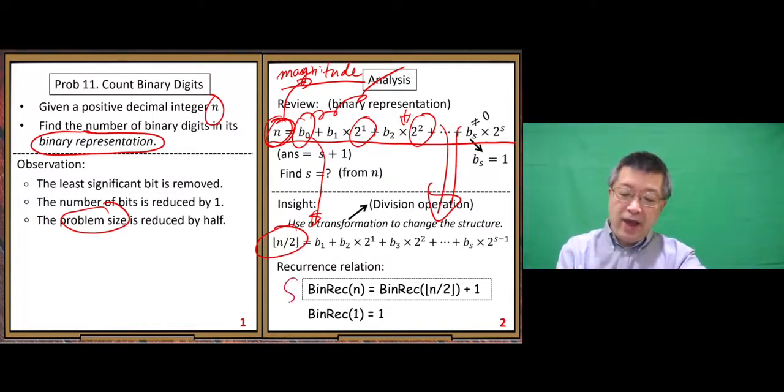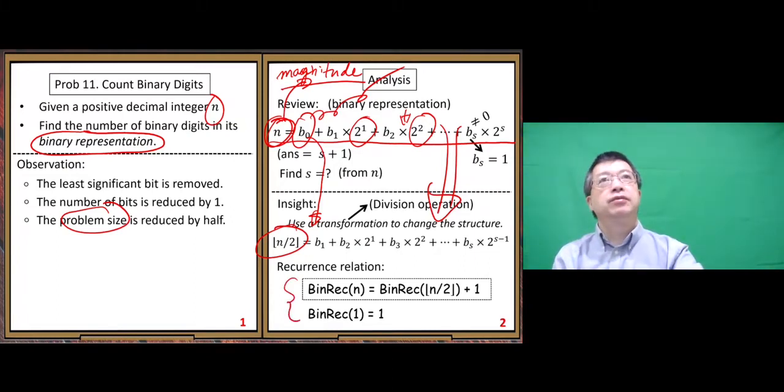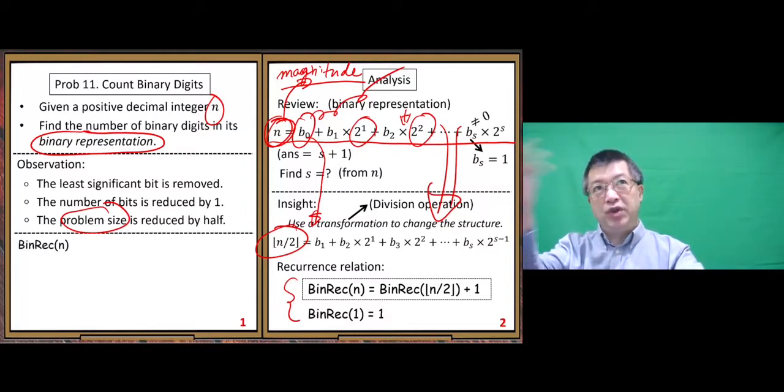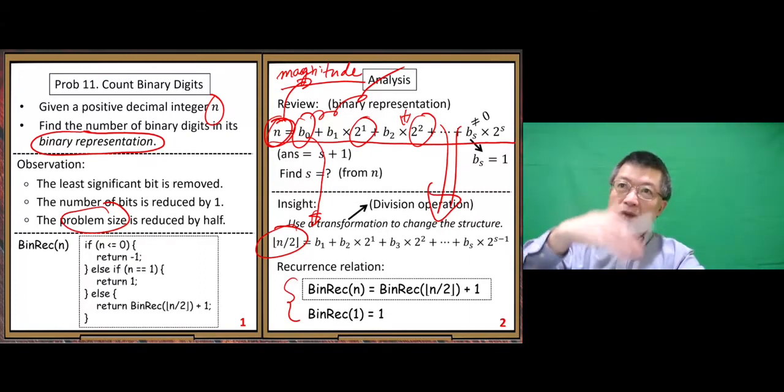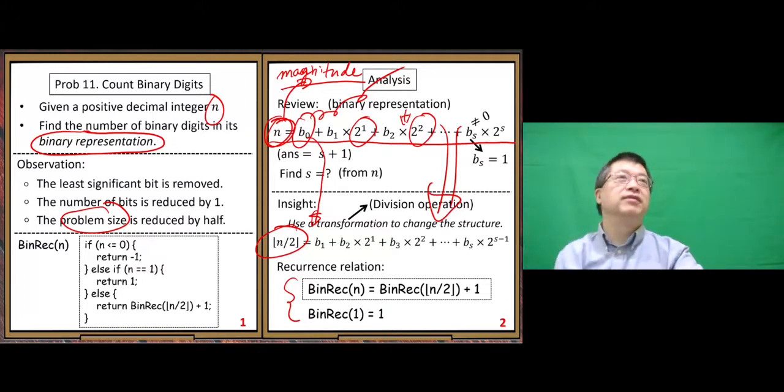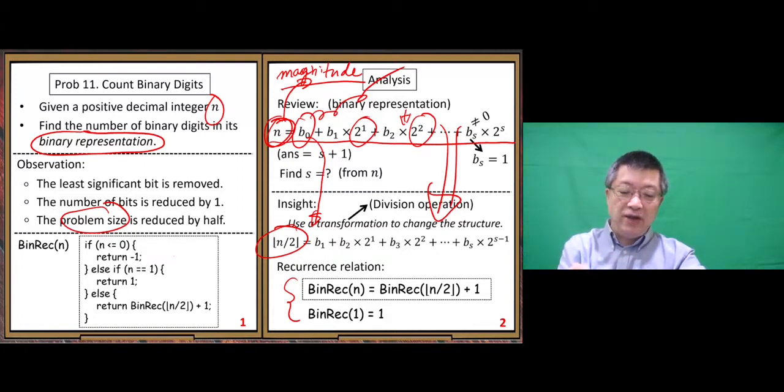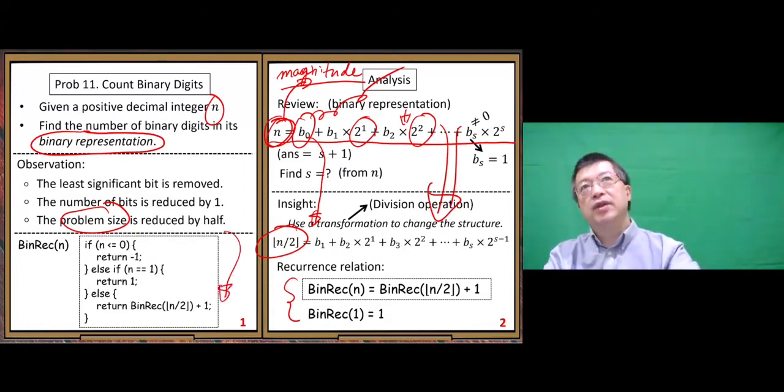Next, we need to solve this equation. So the next question is how to solve this recurrence relation. Before we go there, because this recurrence relation is very straightforward, we can write a code implementation easily. Based on the definition, we can write the basic implementation easily, like that.